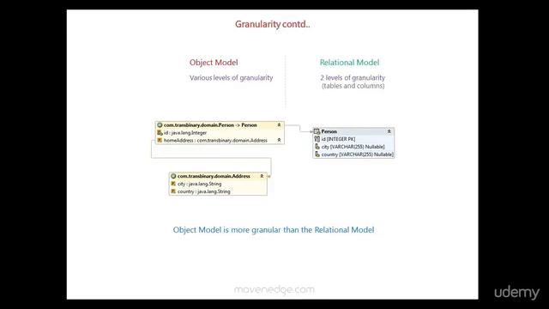So when we talk about Java objects and database tables, the granularity mismatch problem means storing objects that can have various levels of granularity to tables and columns which are limited in granularity, which means that the object model is more granular than the relational model.